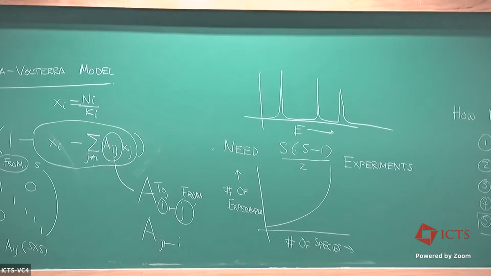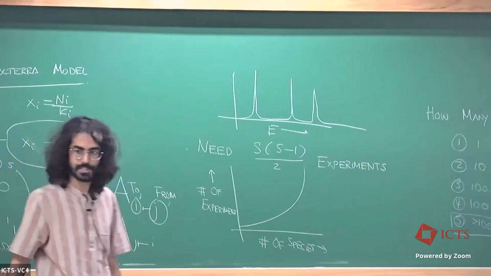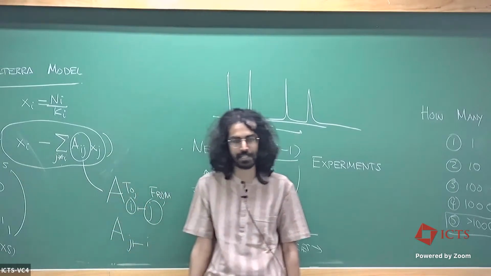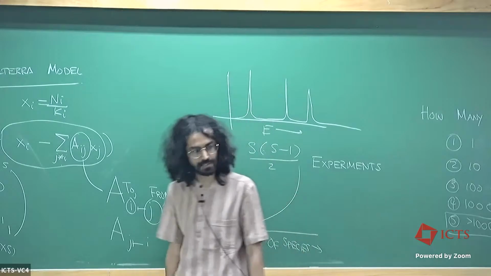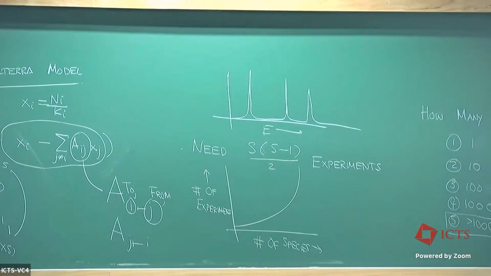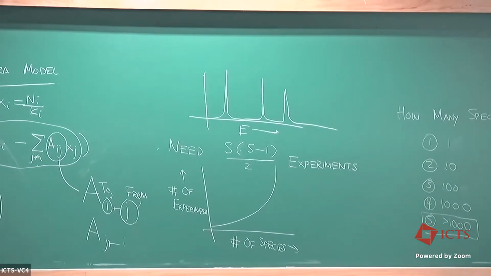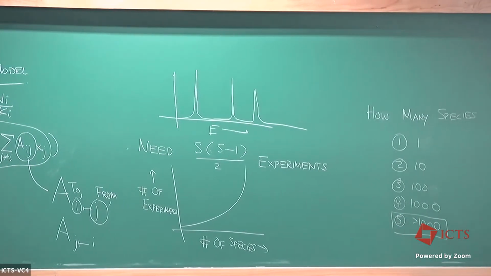All right. We have this set of equations for S species. And like we've been doing in this class, what's the first thing we should ask ourselves when we see a set of equations like this? We should ask whether there are any fixed points and what they are. So how many fixed points are there for a set of S species? Let's have a vote.